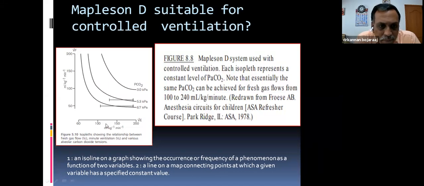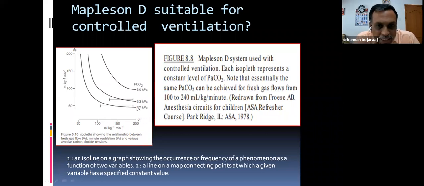Take this isopleth, 6.7 kilopascal of carbon dioxide, PCO2 level. They are having this 150 fresh gas flow rate, and they are maintaining this minute ventilation of 100.